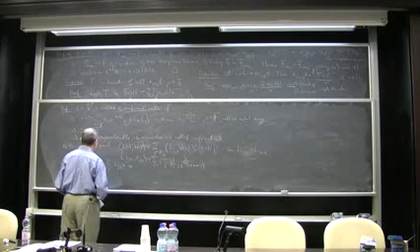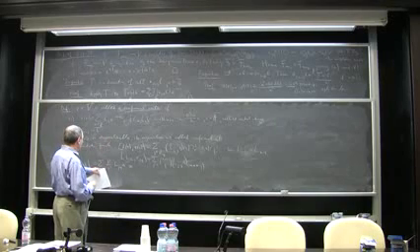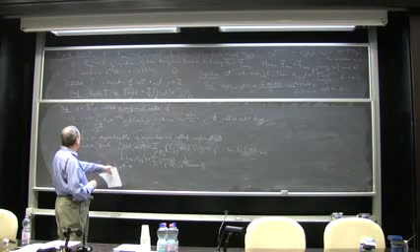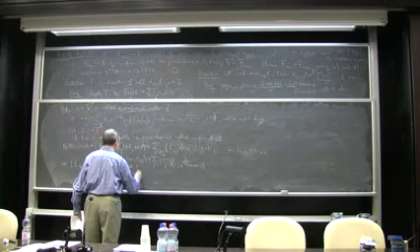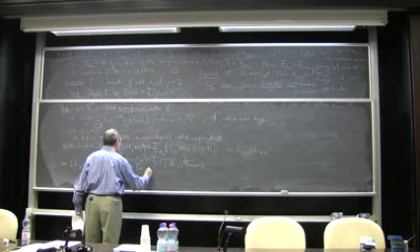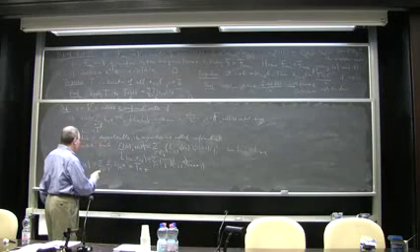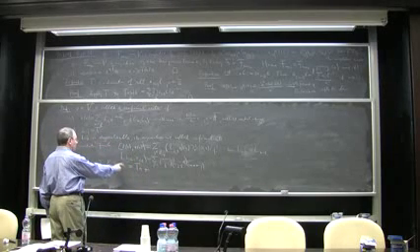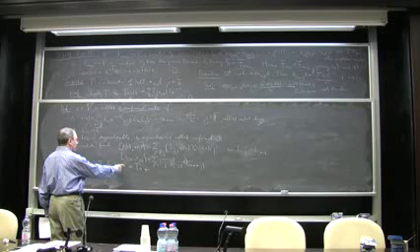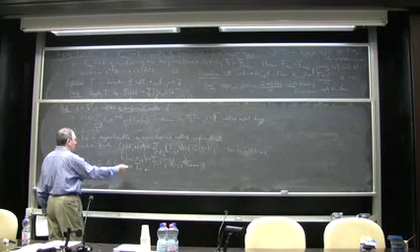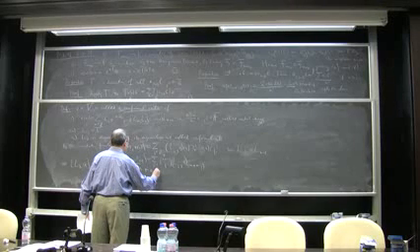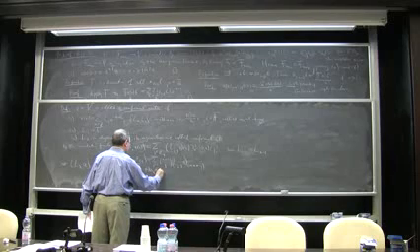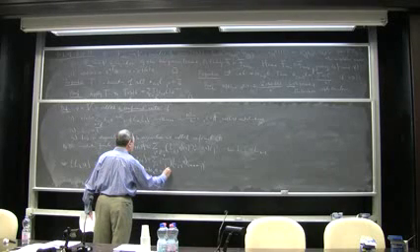Okay, let me write what it is. If j is equal to 0, you get L_{-1} applied to A. But by property 2, it is just TA. When j is equal to 1, you get L0 applied to A. But L0 applied to A, if A is an eigenvector, is the eigenvalue times A. So you get delta A times that, plus the higher powers of lambda.